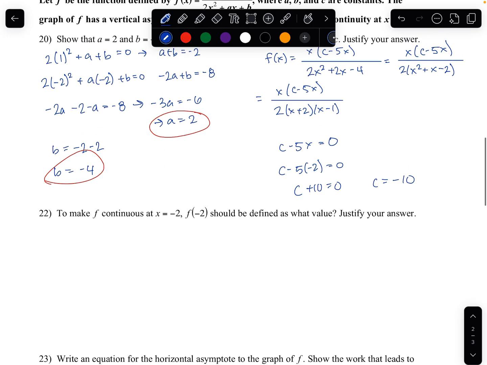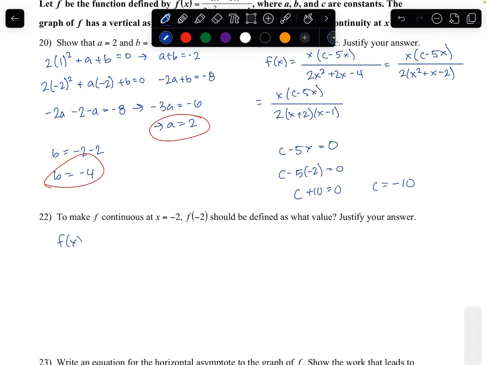I made a mistake. So we have f of x is equal to x. We're going to plug in c, which makes it negative 10 minus 5x over 2 times x plus 2 times x minus 1. That's right. So these can't cancel out until I plug in these values, because those aren't the same factors.